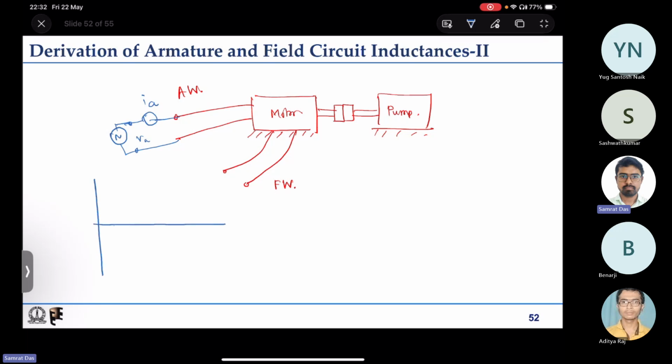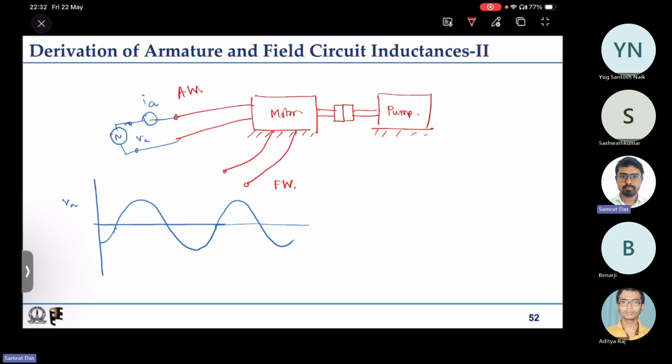Let us say we see VA is some sinusoidal voltage like this in the oscilloscope. And the current, because it is an inductive one, will be lagging the voltage by some amount.